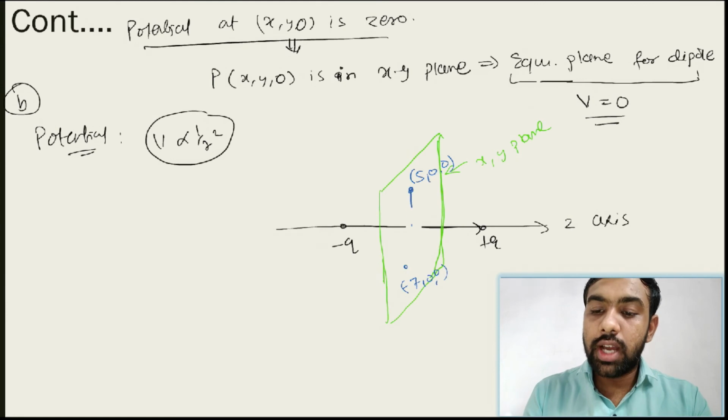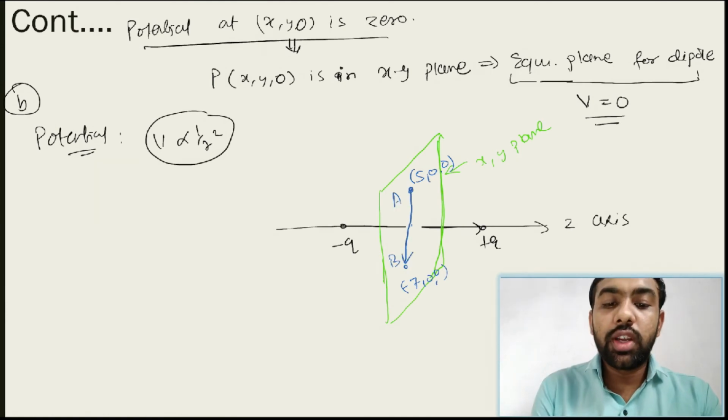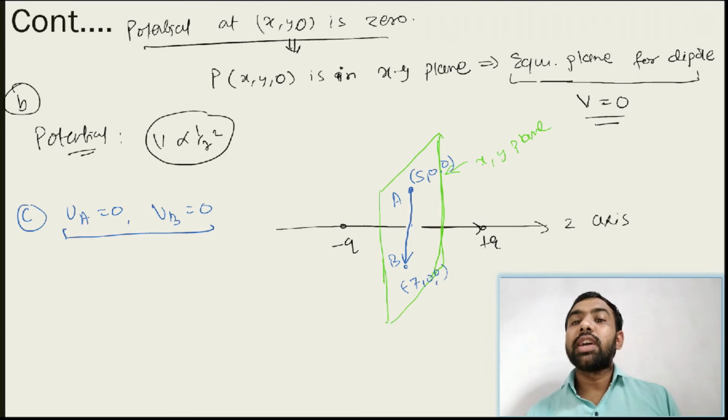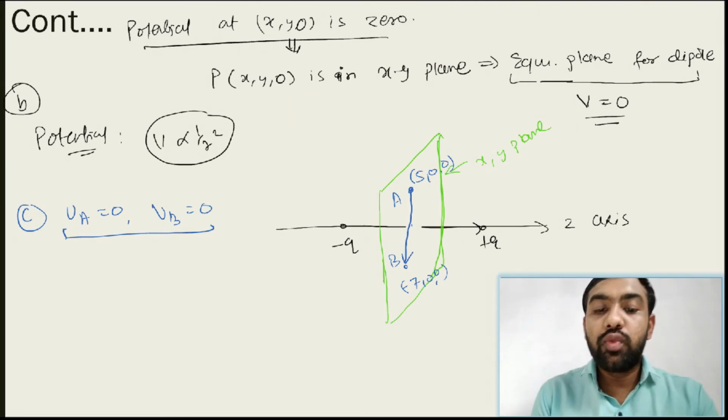So if you move a charge from one point to another, A and B suppose, then what is VA? 0. What is VB? 0. Why? Both those points are in the equatorial plane. So delta V is equal to 0, so work done is also 0.